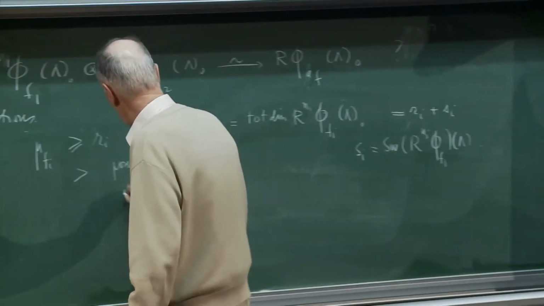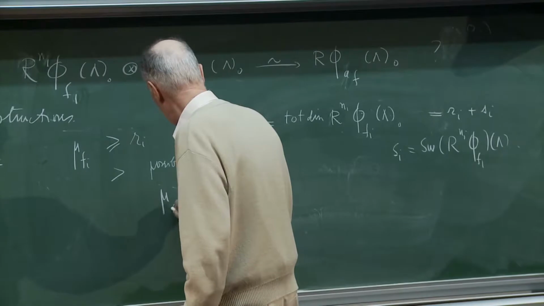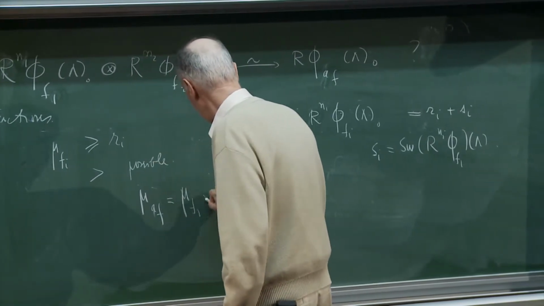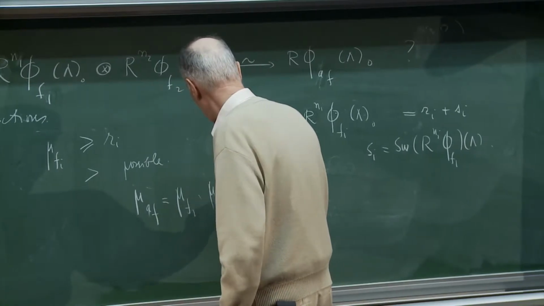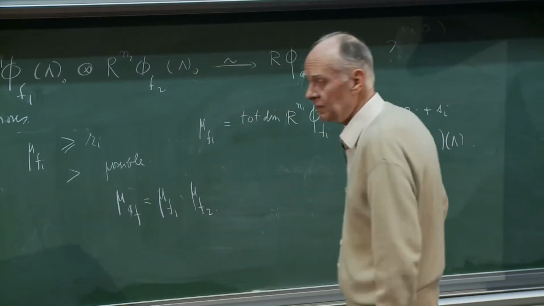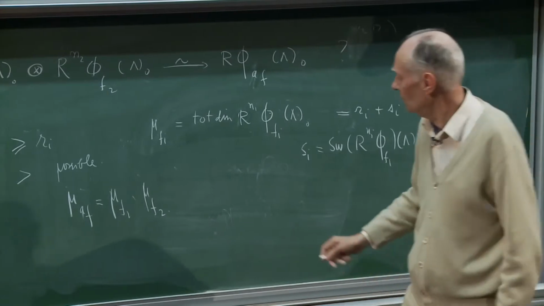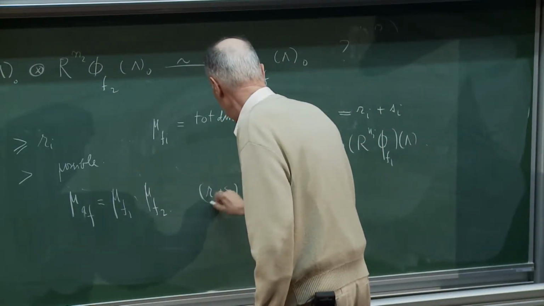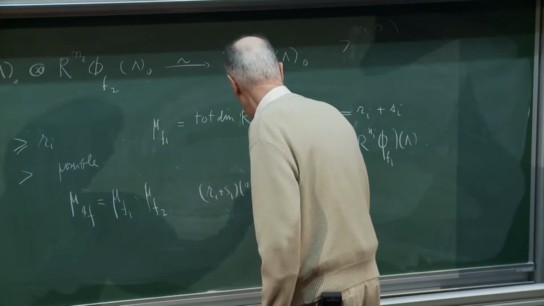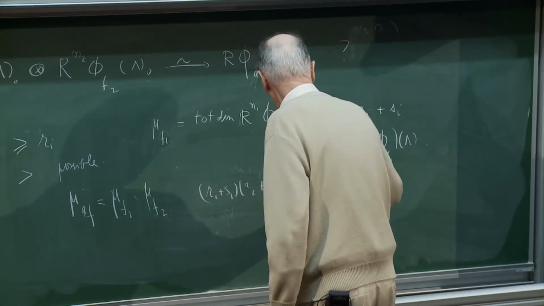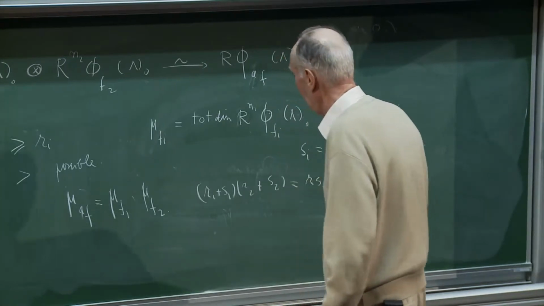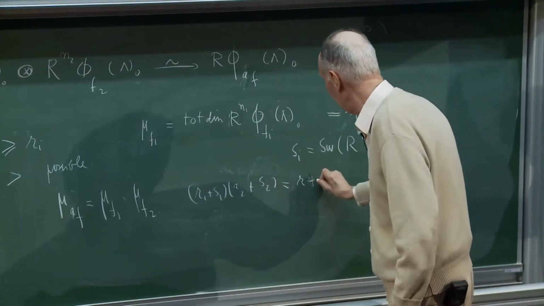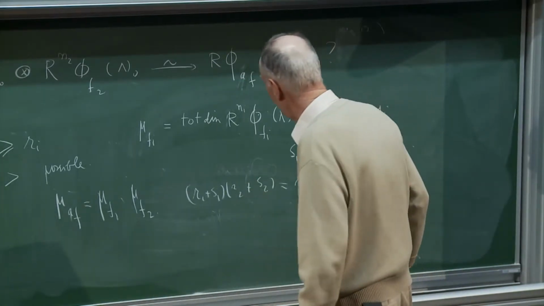And again, we have mu for AF is mu F_1 times mu F_2. But this translates into the formula (r_1 plus s_1) times (r_2 plus s_2) is r plus s, and not r_1 r_2 equal r.